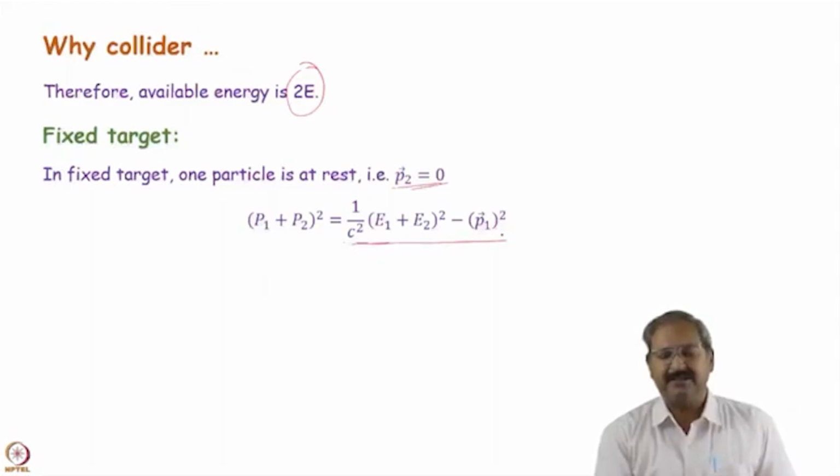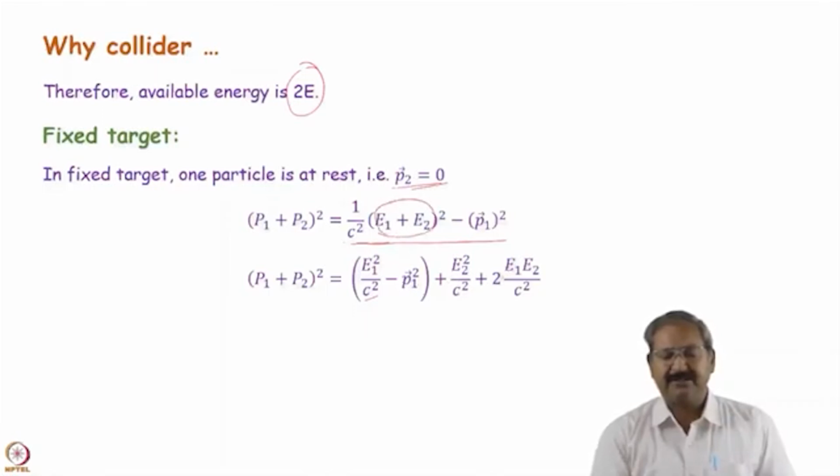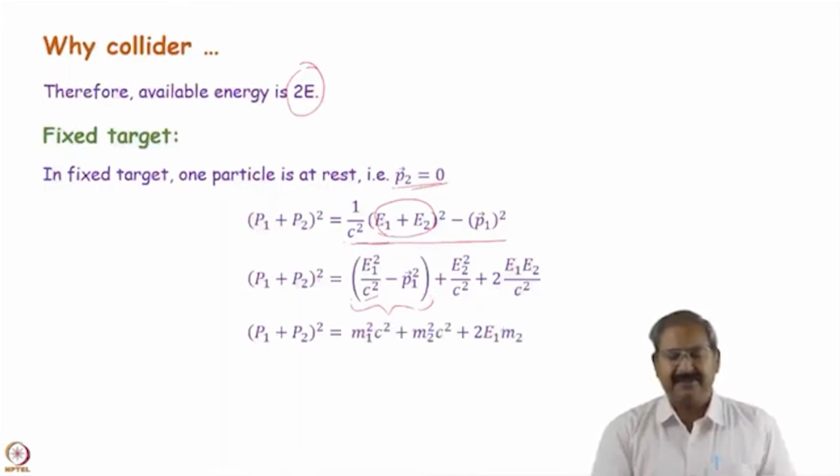P2 is 0 here. So we open these brackets: E1 square by C square, minus P1 square, plus E2 square plus 2E1E2 by C square. Now this is invariant for the first particle, and this is equal to M1 square C square.